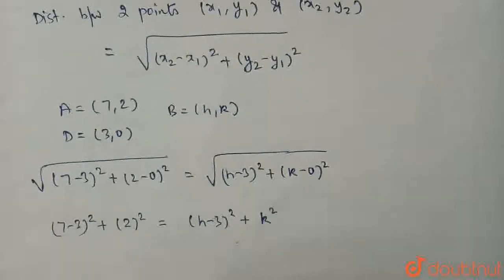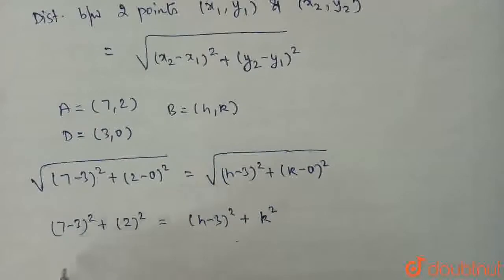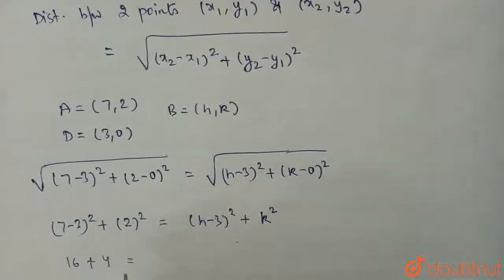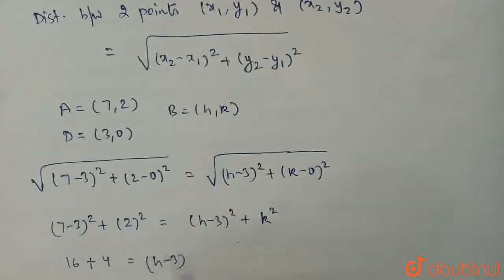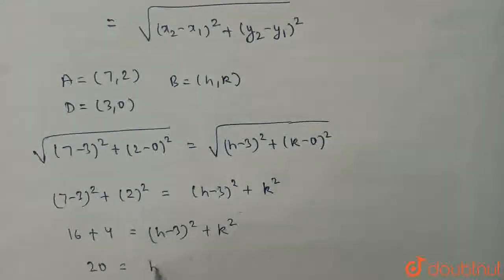So now solving it further, 7 minus 3 is 4. 4 squared is 16 plus 4, which is equal to (h minus 3) squared plus k squared. This becomes 20 is equal to (h minus 3) squared plus k squared.